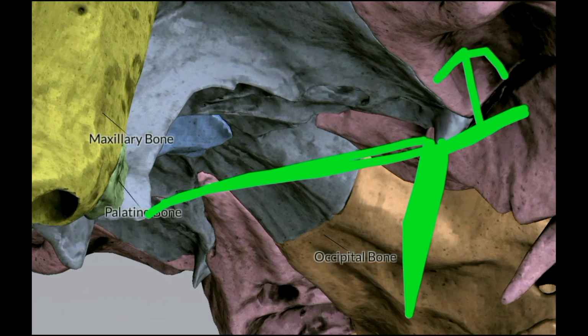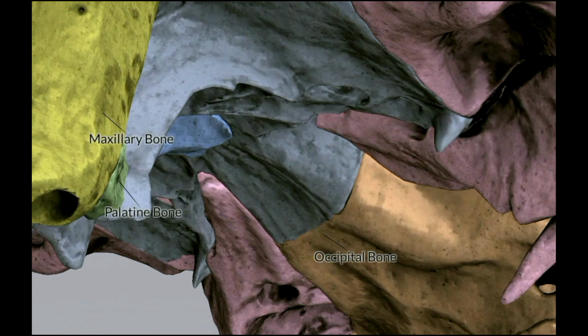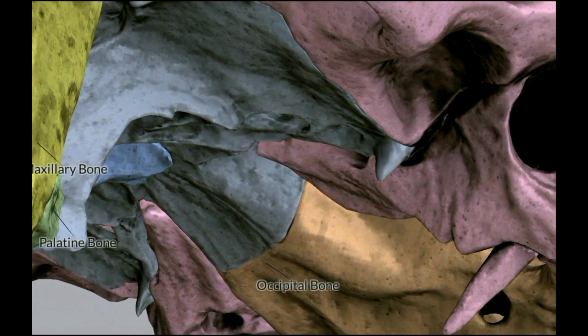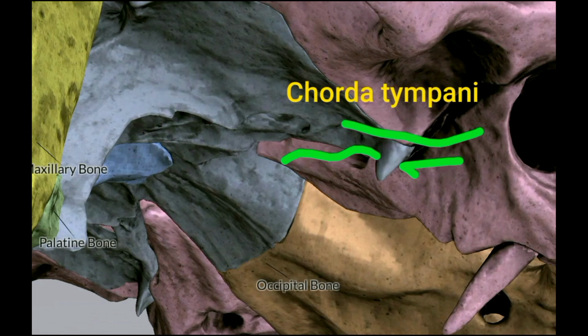The anterior ligament of malleus and the sphenomandibular ligament are derived from Meckel's cartilage, and this one is the pterygospinous ligament. So remember, 3 ligaments are attached to the spine of sphenoid, and it also gives attachment to the tensor tympani muscle. Medially it is related to the chorda tympani nerve and laterally to the auriculotemporal nerve.